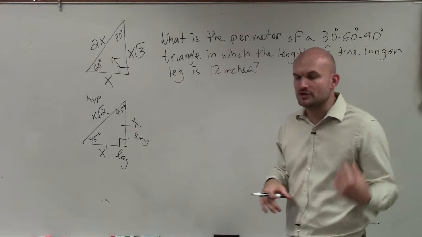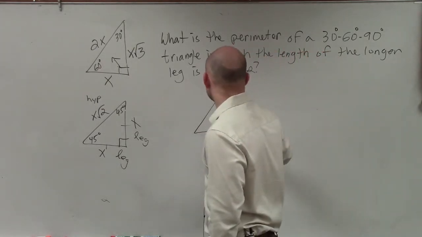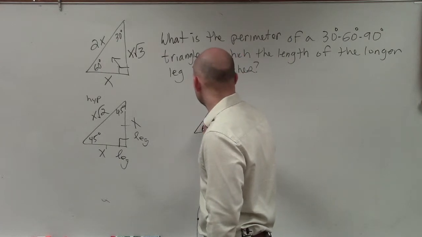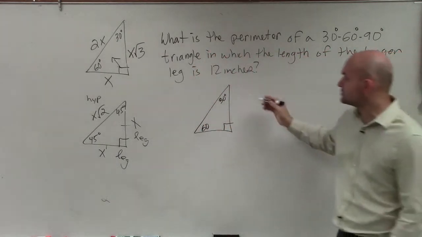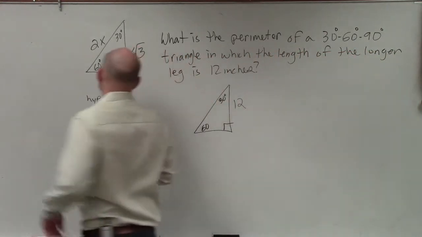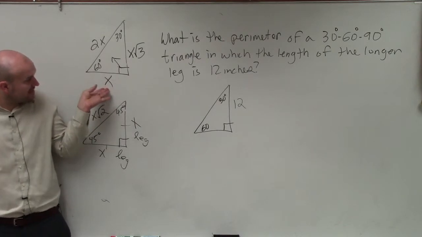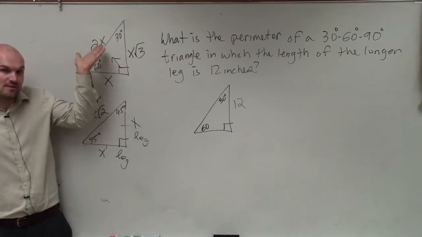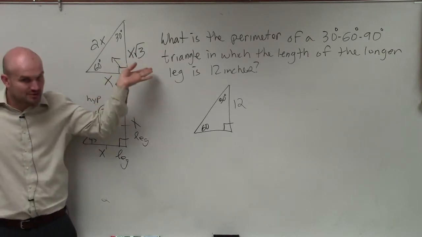So what we need to do is identify what is going to be the relationship if, let's say, 60, 30 degrees, and they say the longer leg is 12 inches, which is right there. So let's think about this. The way that I taught it is that the short leg is x. To go to the hypotenuse, you multiply by 2. If the short leg is x, to get to the long leg, you multiply by square root of 3.